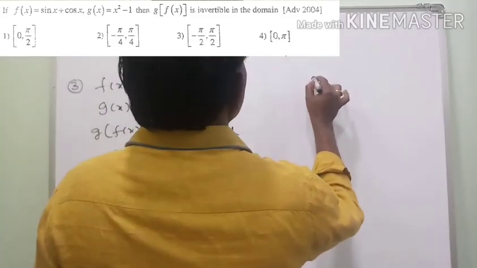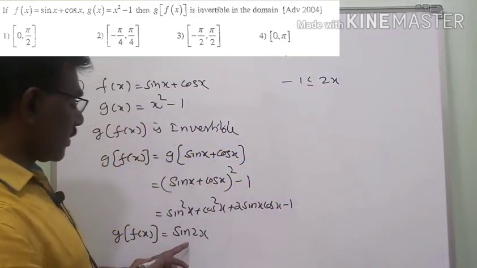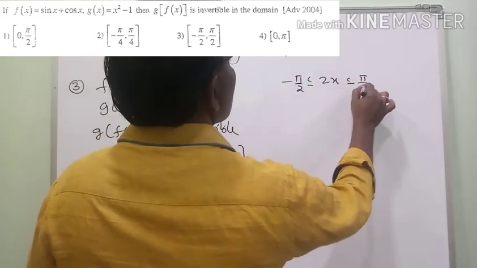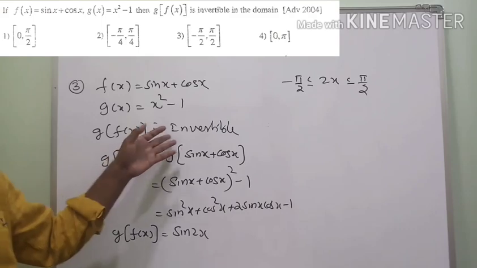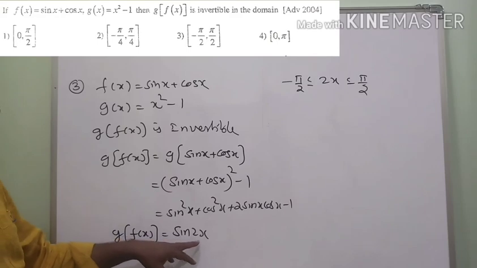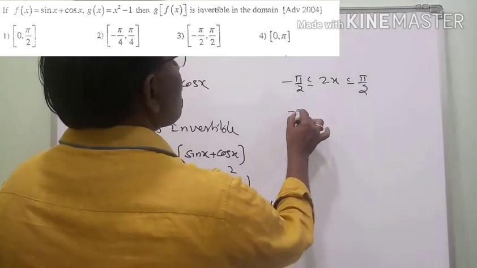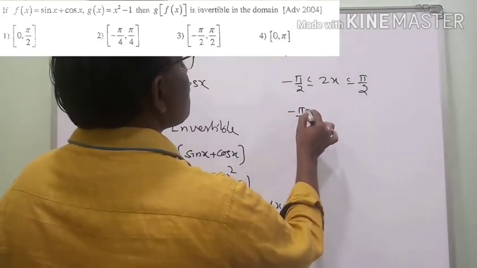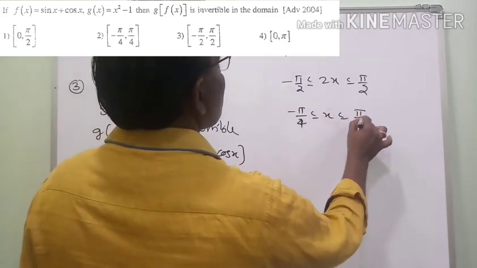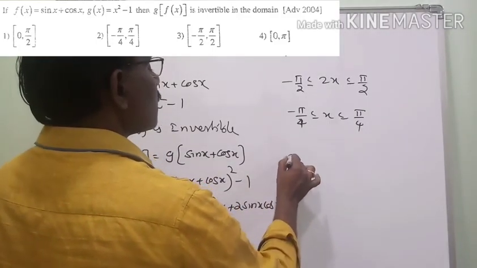So here 2x lies between minus 90 and plus 90. G of f of x is invertible means it is both one-one and onto. So for onto, what is the domain? What is the domain of 2x? Minus 90 to plus 90. So dividing by 2, it is minus pi by 4 to plus pi by 4. So what is the domain?